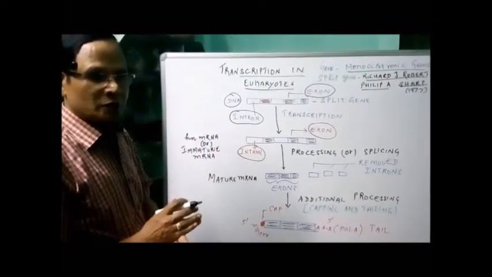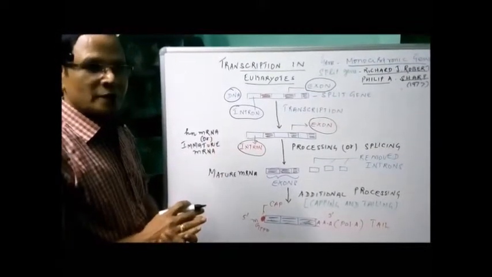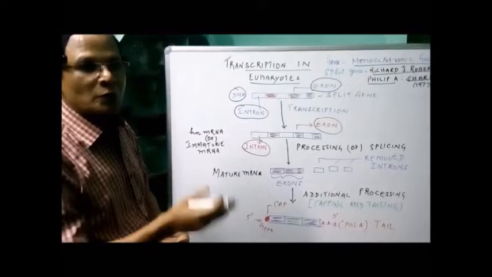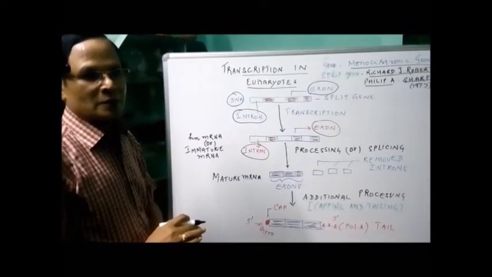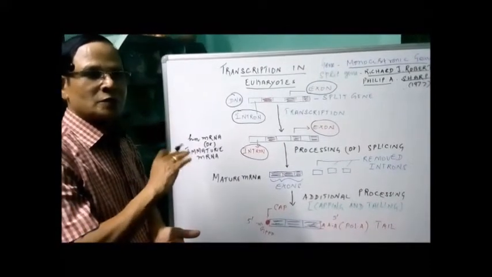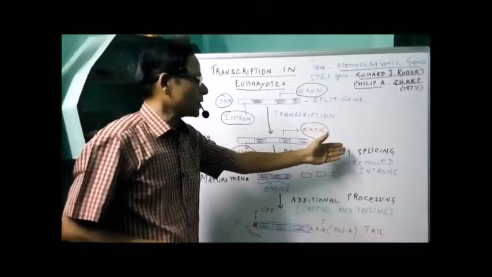We don't want introns. They should be removed from this mRNA. For that, the mRNA undergoes a process called processing of mRNA. So in the case of prokaryotes, there is no processing. Now the processing is otherwise called splicing.